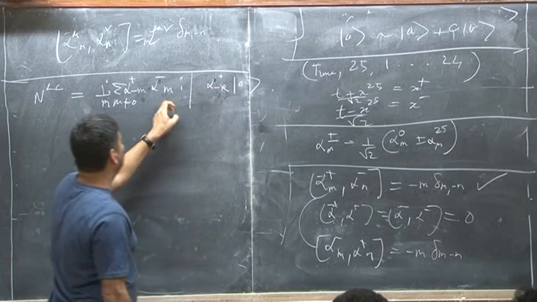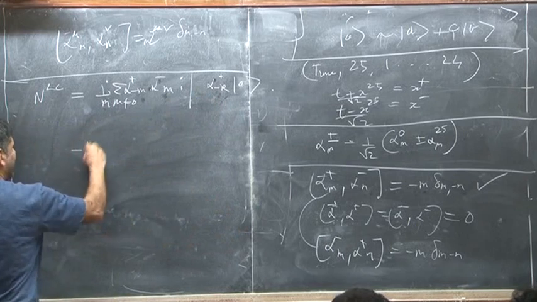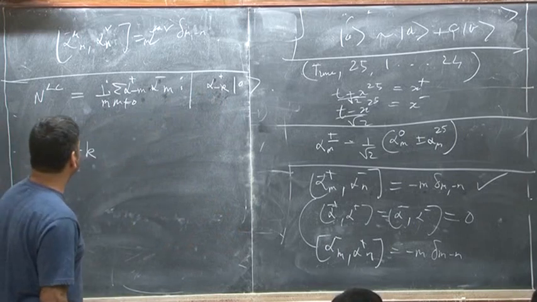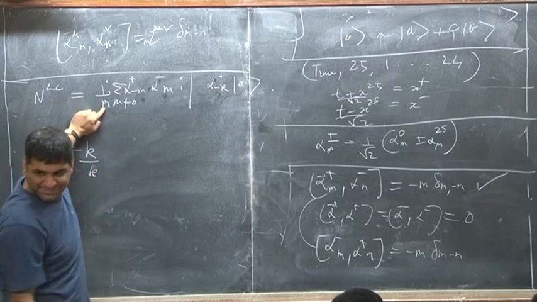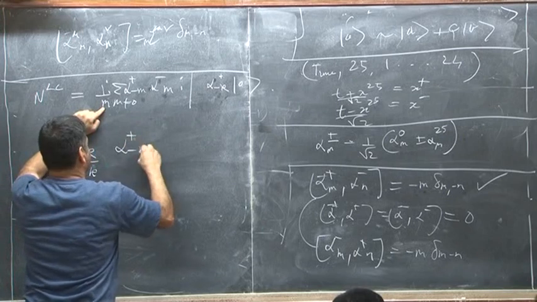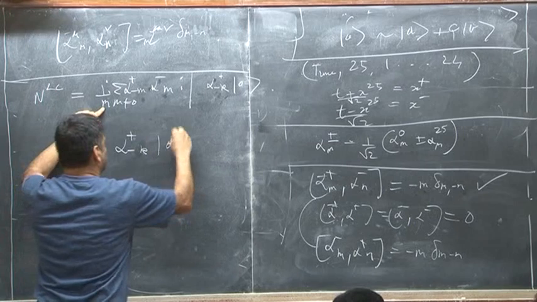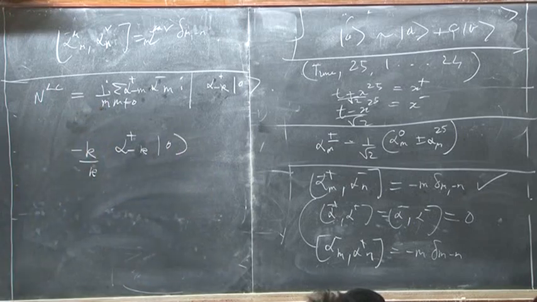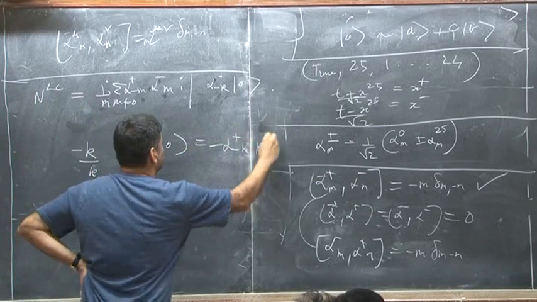It clicks when m is k, so we get minus k, but m was k, times alpha plus minus k on 0. So this is equal to minus alpha plus minus k on 0.